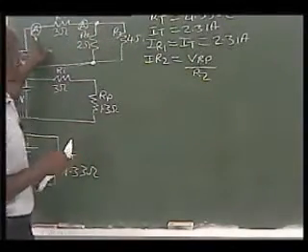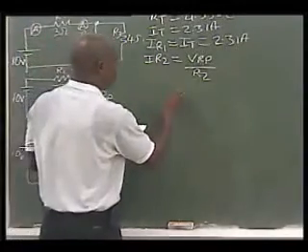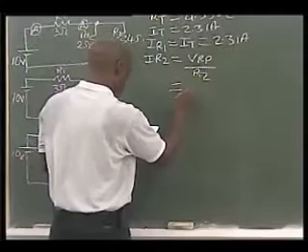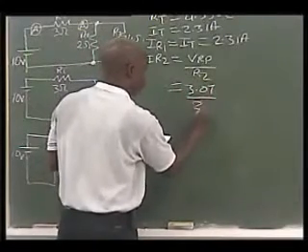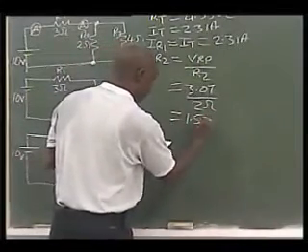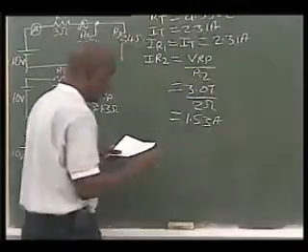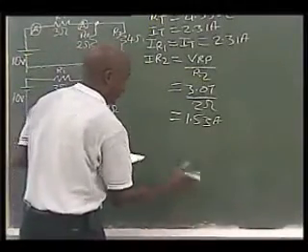It's not going to be 10 volts. I'm going to show you that in a second. So this is going to be equal to 3.07 over 2 ohms, which gives us a total of 1.53 amps. So let's put that in, 1.53.